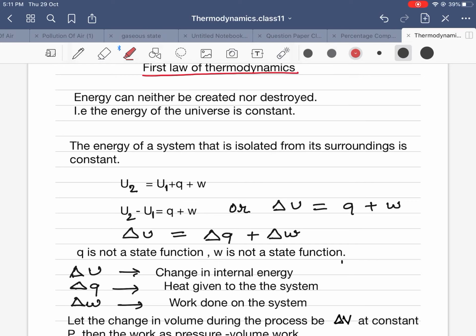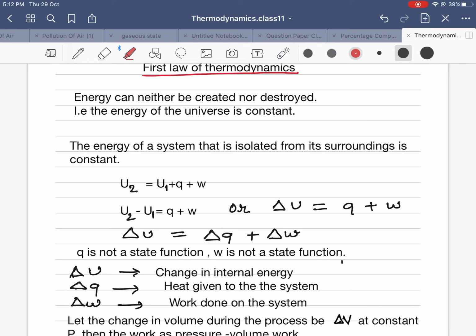For example, water can be decomposed by electric current into gaseous hydrogen and oxygen, and it is found that 285.8 kilojoule of electrical energy is used to decompose 1 mole of water, and this energy must have been stored in hydrogen and oxygen, since the same amount of energy in the form of heat is released when 1 mole of water is obtained from gaseous hydrogen and oxygen.